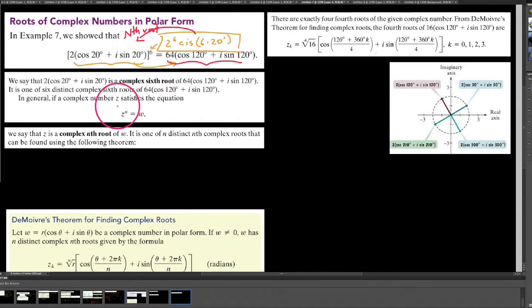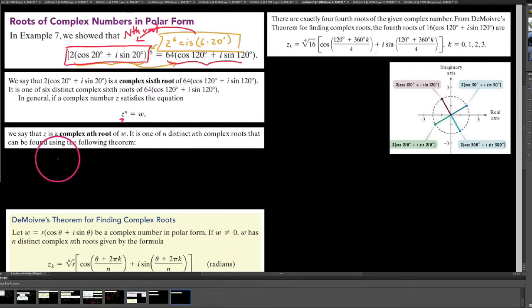But in general, if a complex number z satisfies this equation right here, then we're going to say that z, the thing that I raised to the power of n to get w, is the nth root of w, because that is the number that I can take times itself n times to get w. So the thing here is this. You're going to notice that this value here, 2 CIS 20, is one of 6 distinct 6th roots of this number.